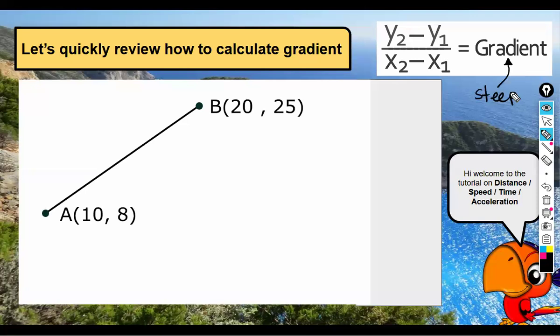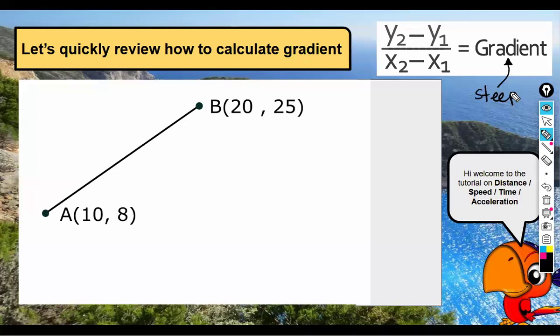Like for example, when you run up a hill, or climb a mountain, some mountains are steeper than other mountains, some hills are harder to climb because they're steeper than another. Now, the technical word for steepness in maths is gradient.